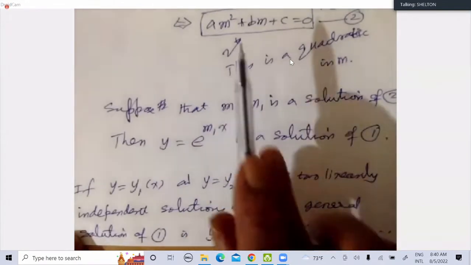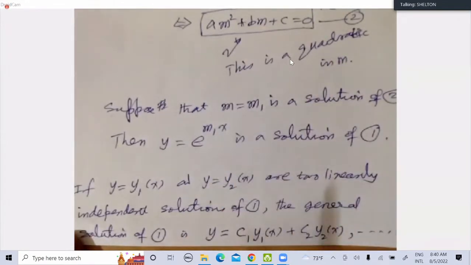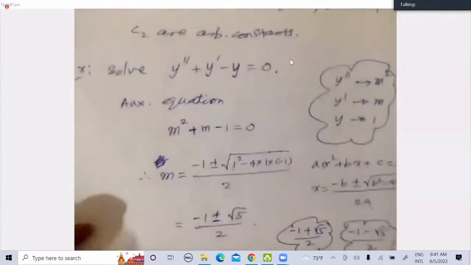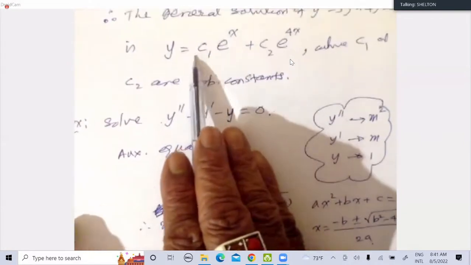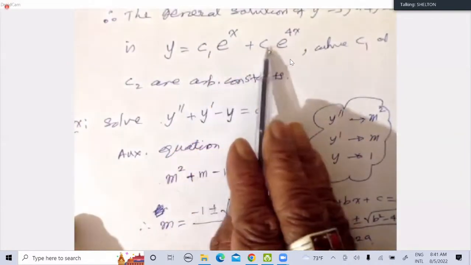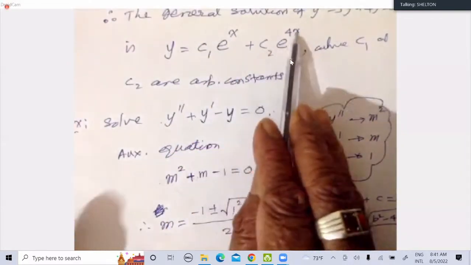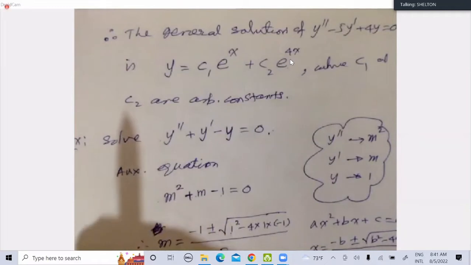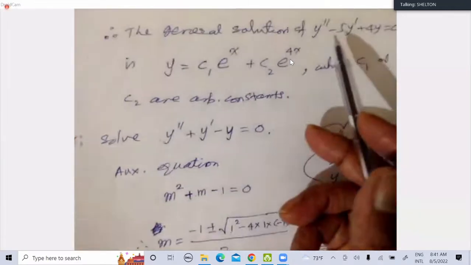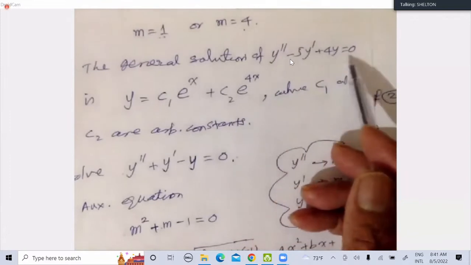So if you have two linearly independent solutions like e to the x and e to the 4x, then the general solution is C1 e to the x plus C2 e to the 4x. Try to understand what it means to say that we have the general solution. The general solution is any solution of that equation. There are no others for this differential equation.